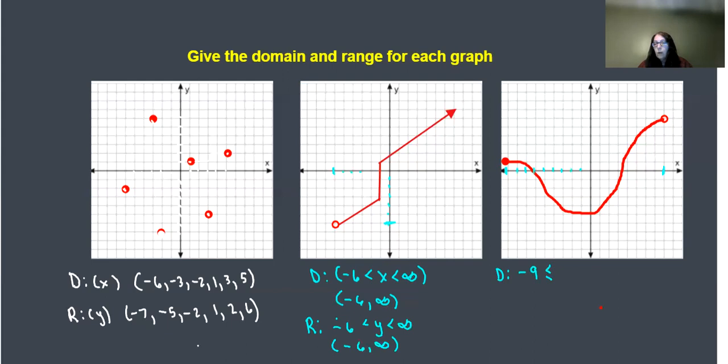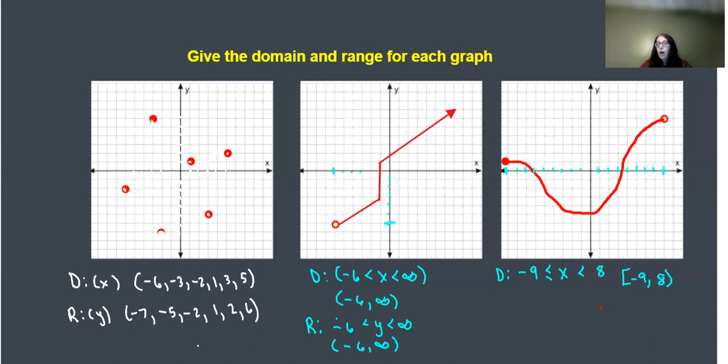Domain is x. Now it's open on the other side, so I'm going to use just a less than symbol. And it's 1, 2, 3, 4, 5, 6, 7, 8 on the other side. If you want to write this using intervals and brackets, it's closed on the -9 and it's open on the 8.